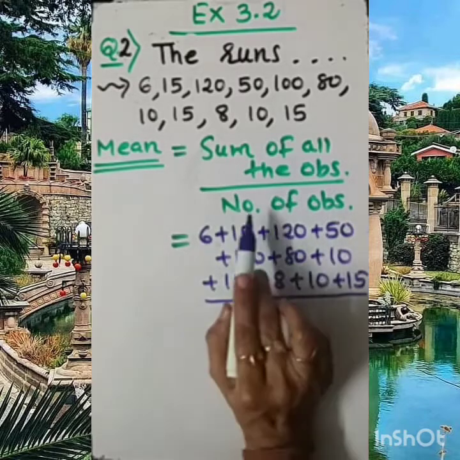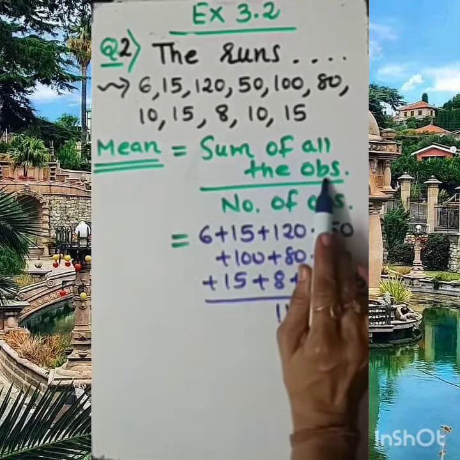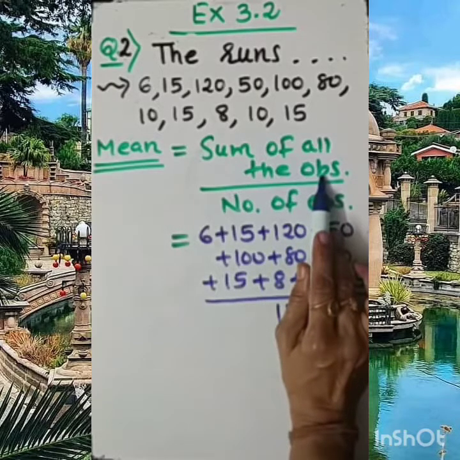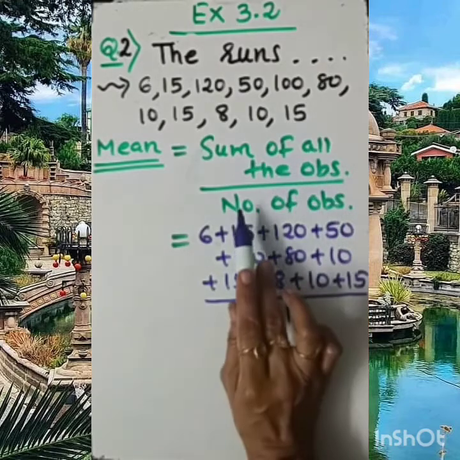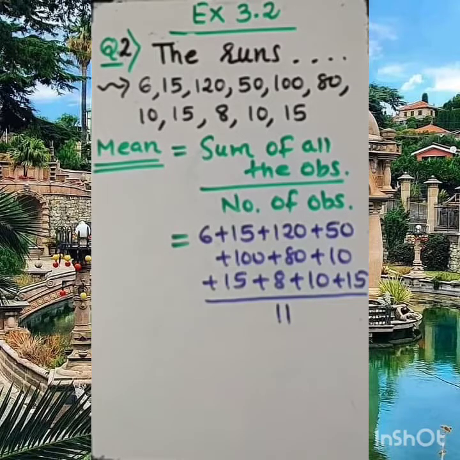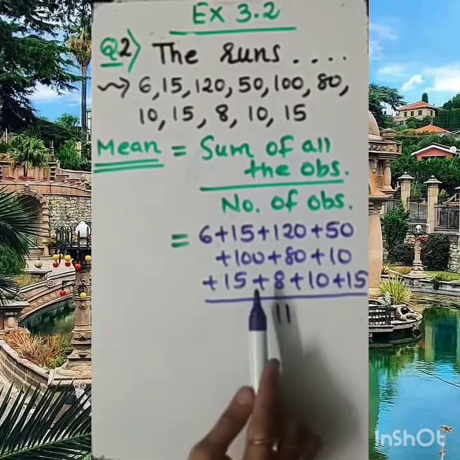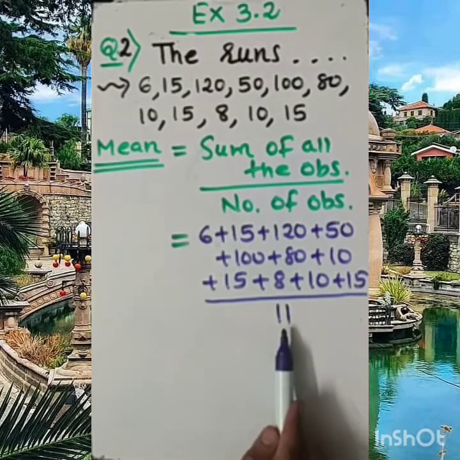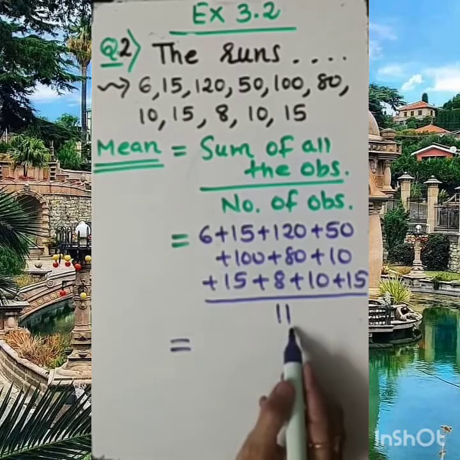So you can mention here sum of the runs, that is also correct. If you mention sum of all the runs upon number of players, then also it's correct. Here we are given all the runs and total number of players are 11. As you know, in a cricket match 11 players are always there.